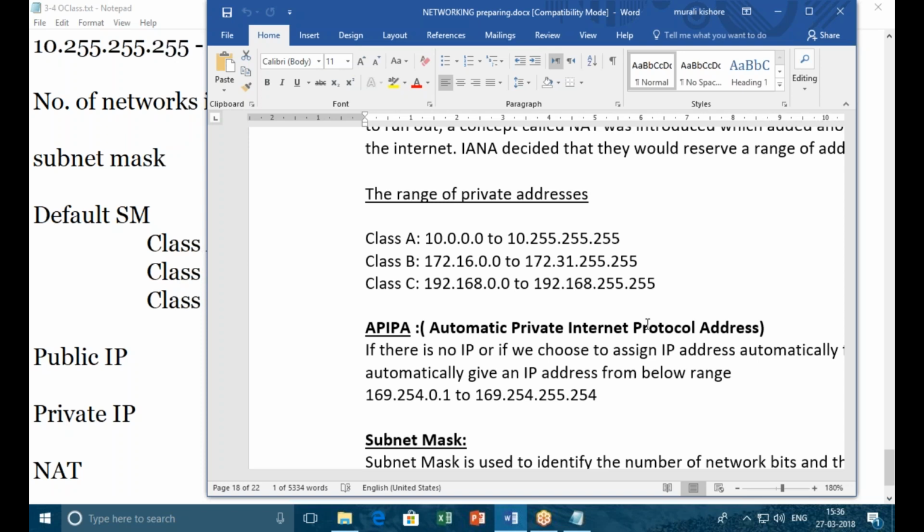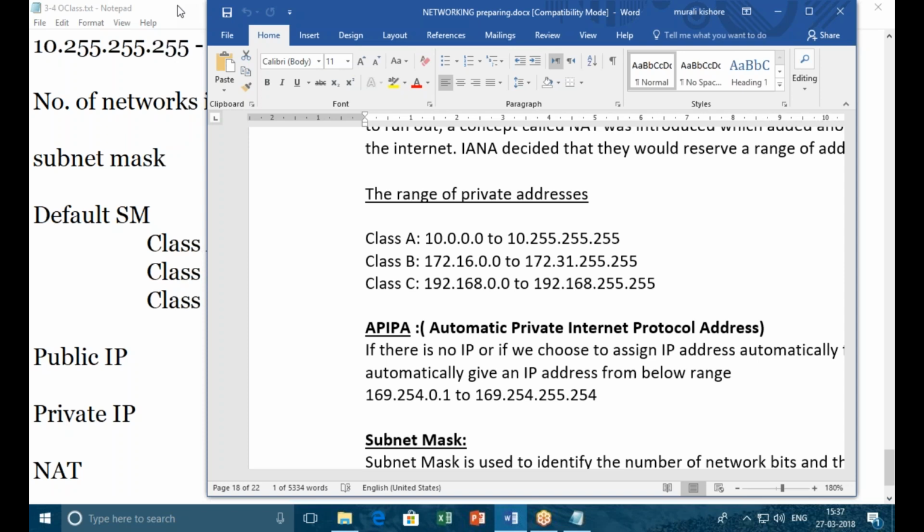Now next is APIPA. APIPA stands for Automatic Private Internet Protocol Address. If my system is not connected to any server, and if I had not assigned any IP address, then an automatic IP address will be assigned to my system.